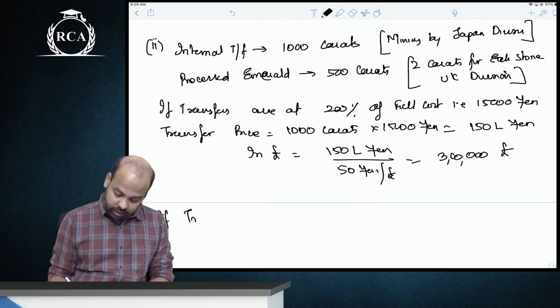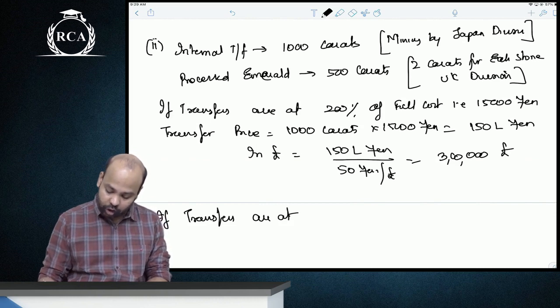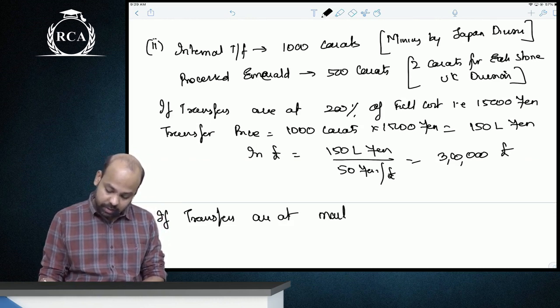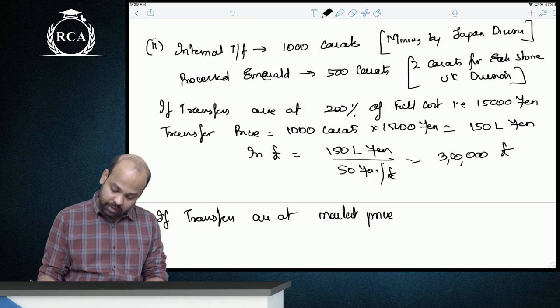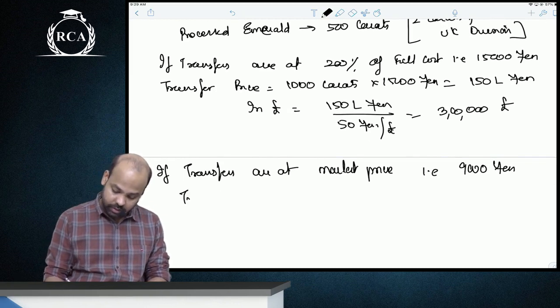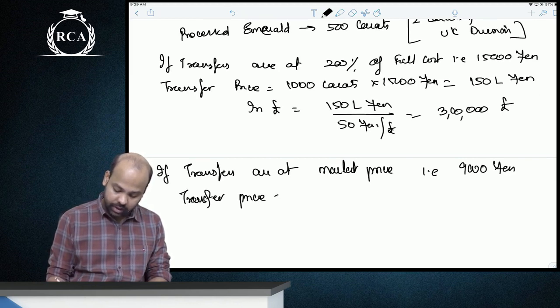Likewise, guys, if transfers are at market price, that is 9,000 yen, your transfer price would be equal to 1,000 carats into 9,000.